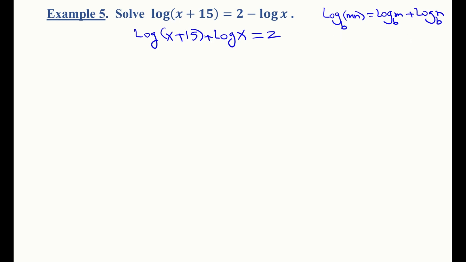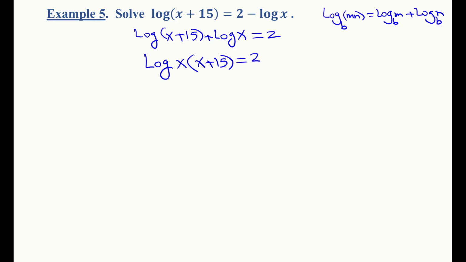So in other words, we have a sum of two logs of the same base. We're going to write it as a log of the product of those two arguments. So we're going to get log of x times quantity x plus 15. It'll be easier if we write the x first, since it has only one term, like so.